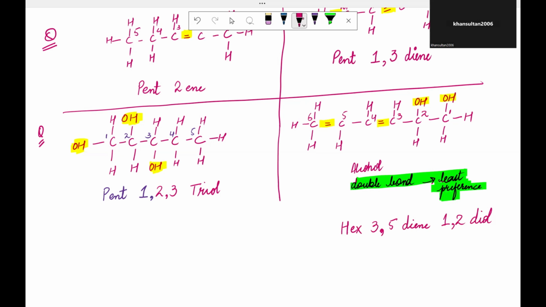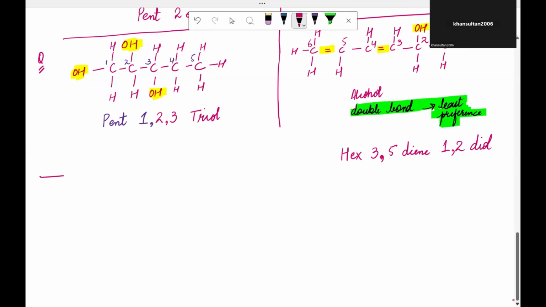Okay. So if it was just hex diol, would we say hex diol or hexandiol? We would say hex-1,2-diol. Yes, or we can say hexanol or hex-1,2-diol. Okay. So let's move further.